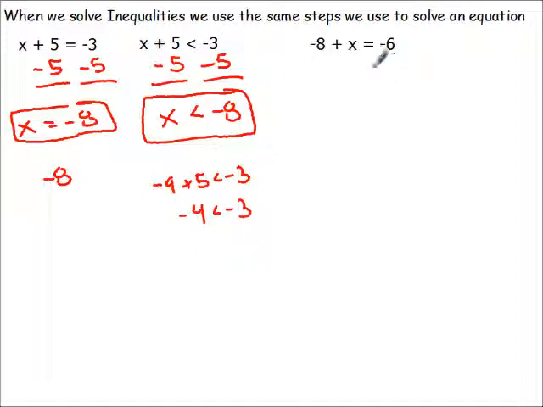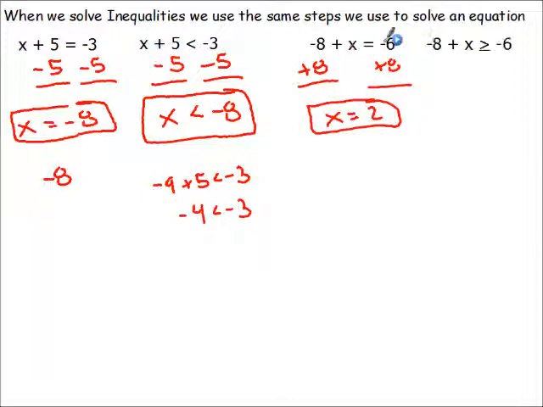Alright, so let's look at this. Now we got negative 8. The opposite of negative 8 is positive 8, so we'll go plus 8. Now we got x equals 2. That means the only thing that'll make this equation correct is 2. And over here, we're going to do the same exact thing, but in this case, we're saying x is greater than or equal to 2.